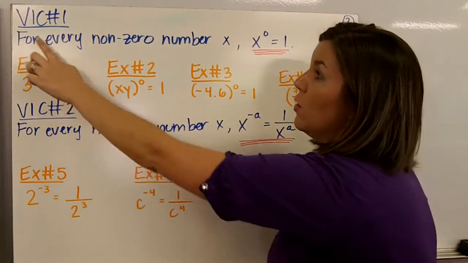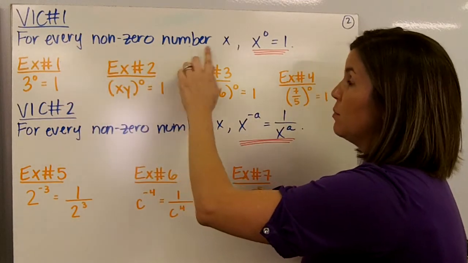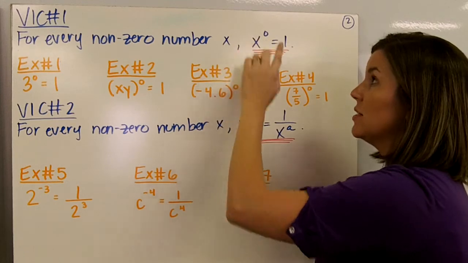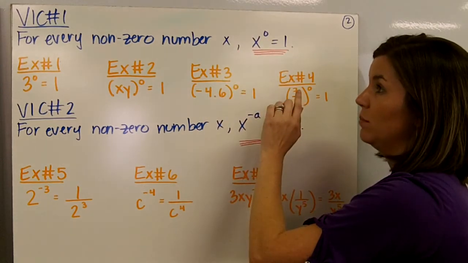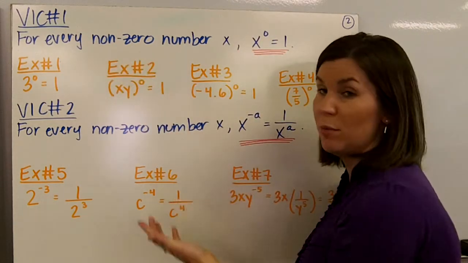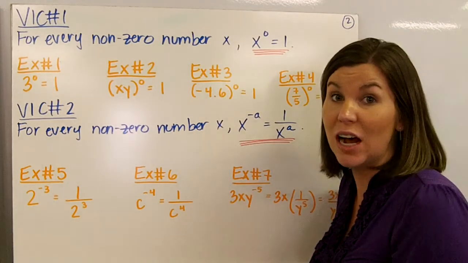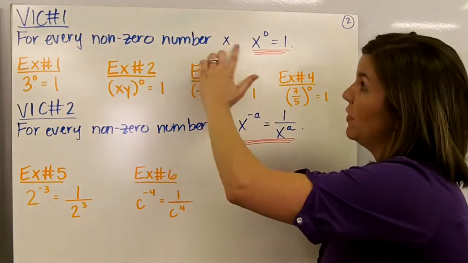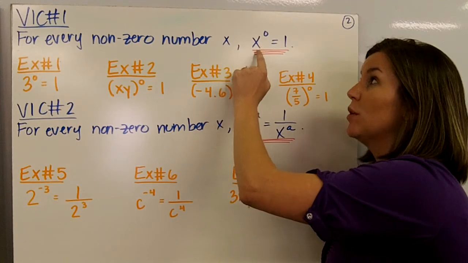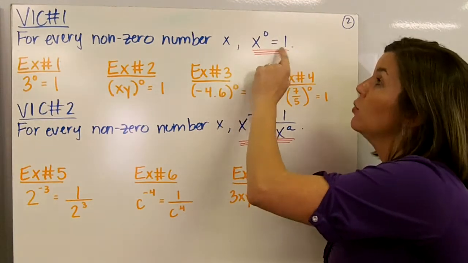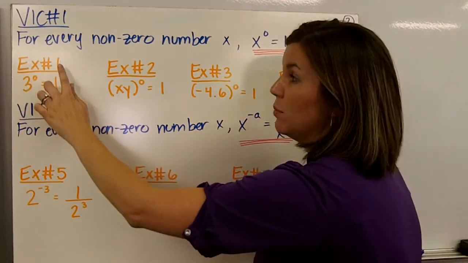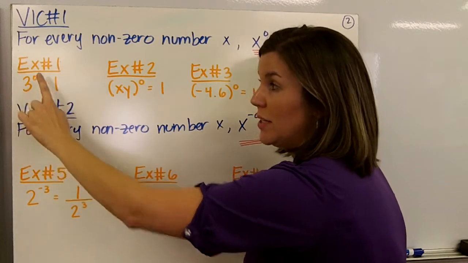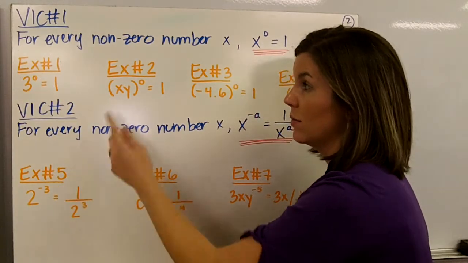Rule number 1: for every non-zero number x, x to the 0 power is equal to 1. A non-zero number just means any number that is not 0. So our variable is x, and any number raised to the 0 power will give us 1. For example, number 1, 3 to the 0 power is 1.